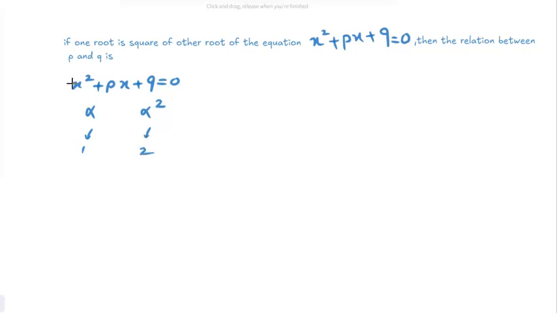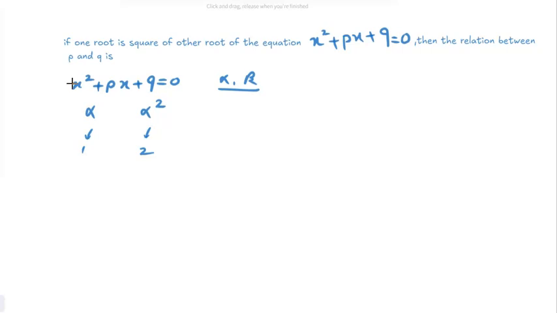We know very well the relationship between the first and the second root. We have the relation between alpha and beta, which are the roots, or you can say the zeros of the equation. But here alpha is alpha and beta is equal to alpha squared, which you have to remember.